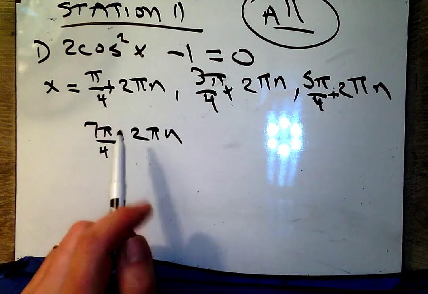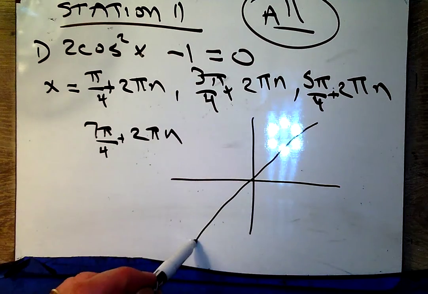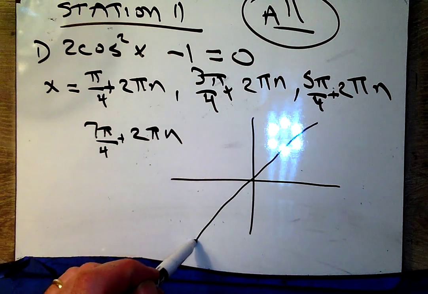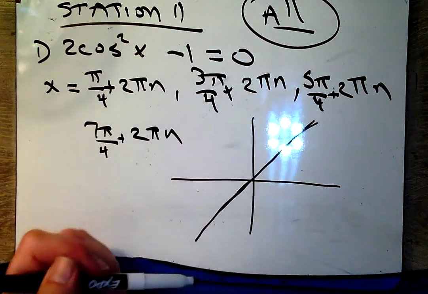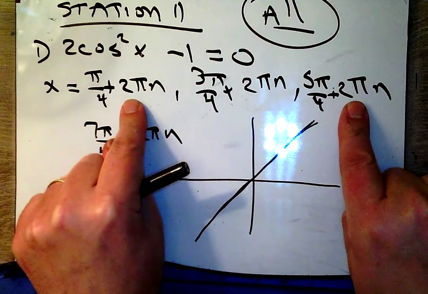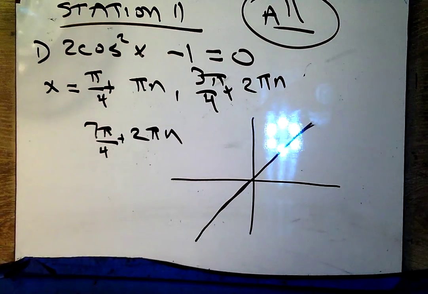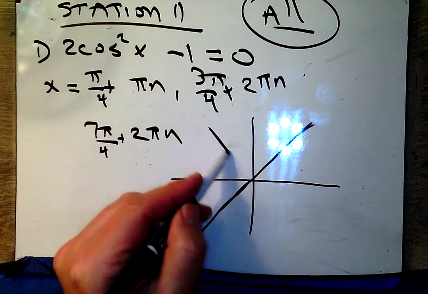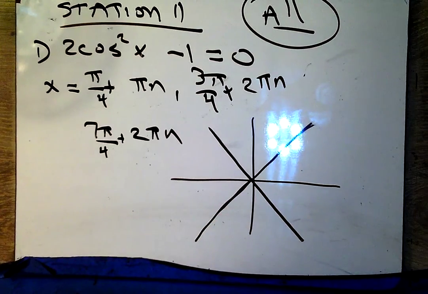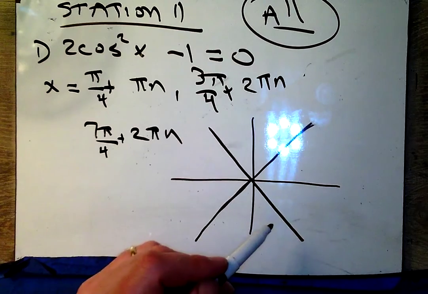Though I do think I noticed something here. Pi over 4 and 5 pi over 4 are pi apart from each other. So instead of listing both of these, I could list just one of them, provided I made that change. And here too, 3 pi over 4 and 7 pi over 4, that distance is only pi apart from each other.